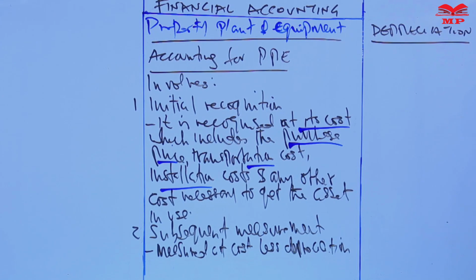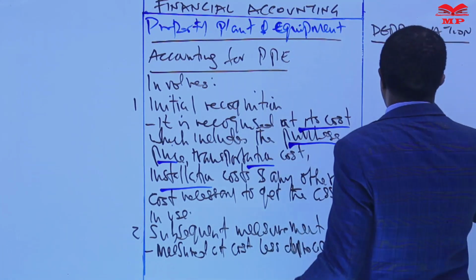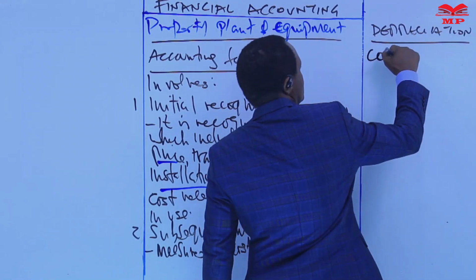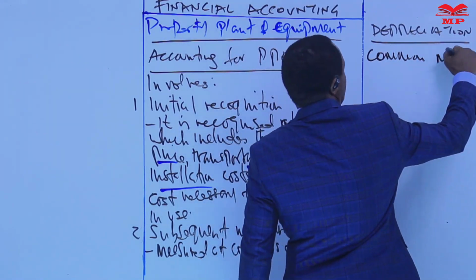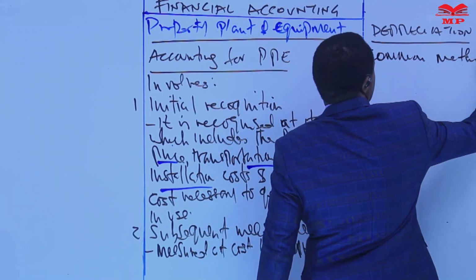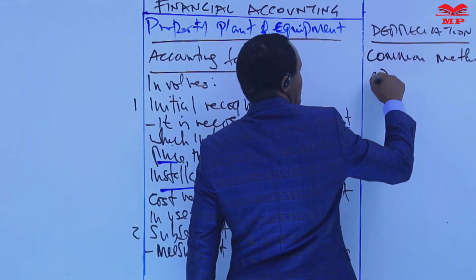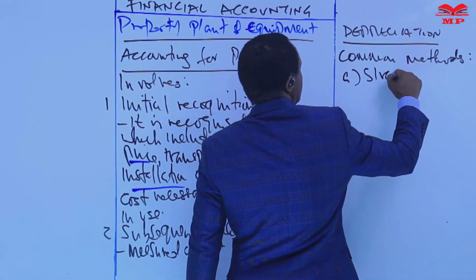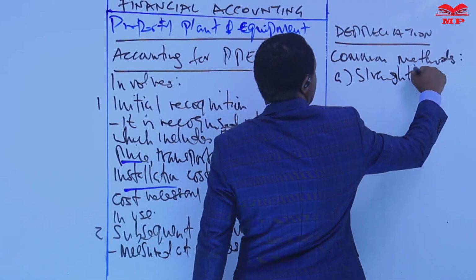And there are many methods that we use to calculate depreciation, to allocate depreciation. So the common methods of valuing depreciation: number one is the straight line method.